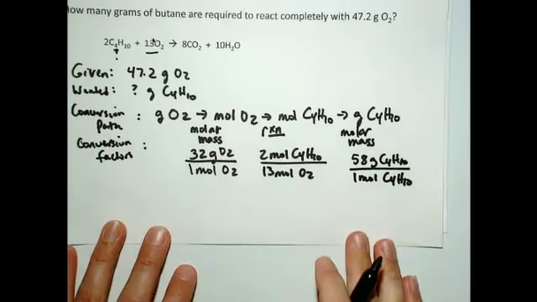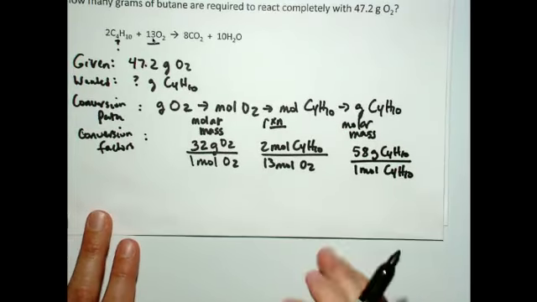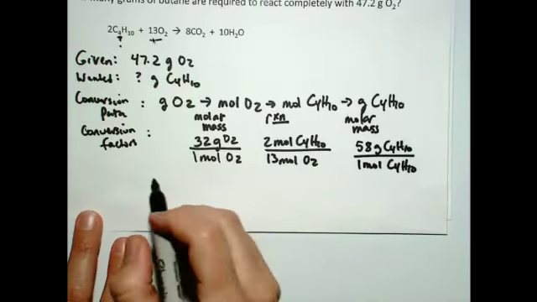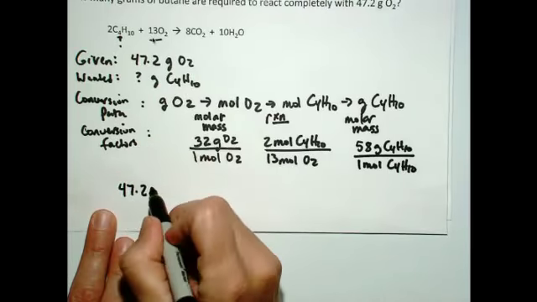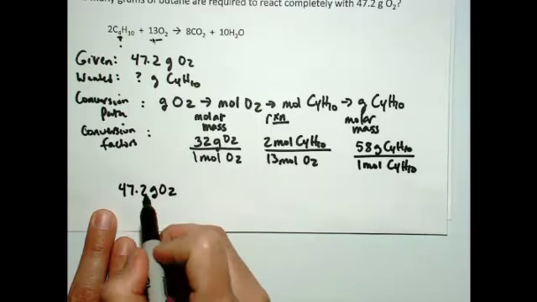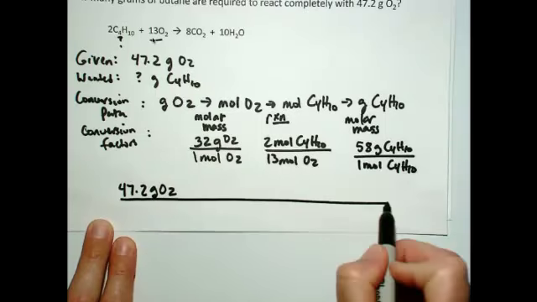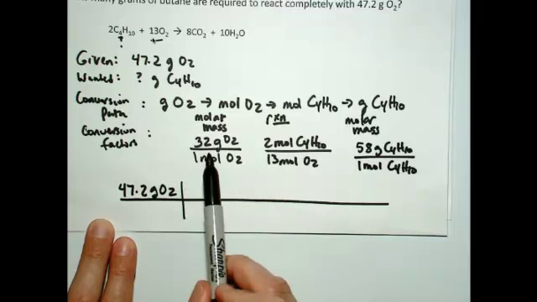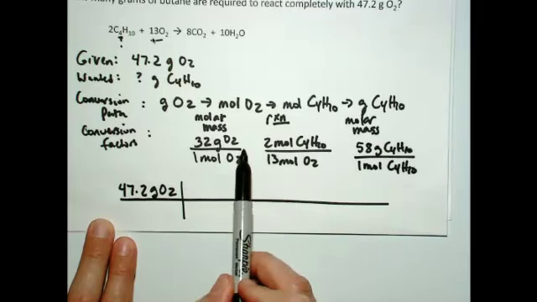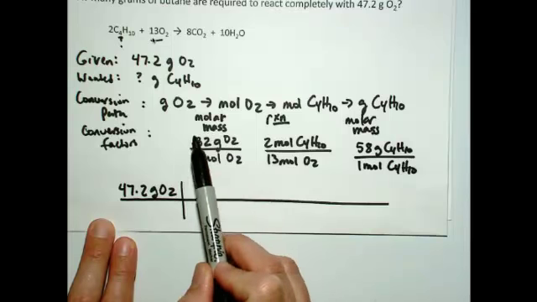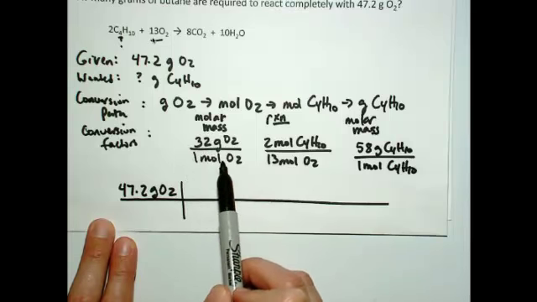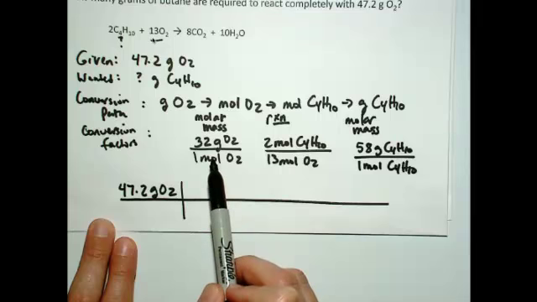Okay, so now you just start your problem. You have all your conversion factors. Start with what's given, which is 47.2 grams of oxygen, and in this case you need to convert to moles of oxygen, and the molar mass, as by convention, is always written 32 grams of oxygen per mole, but this is an equality.